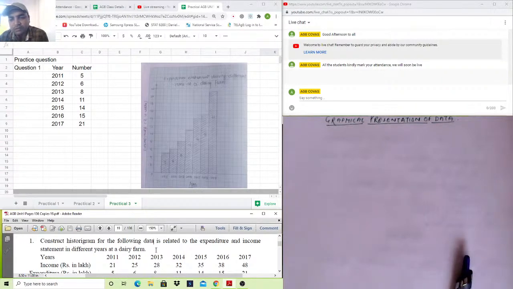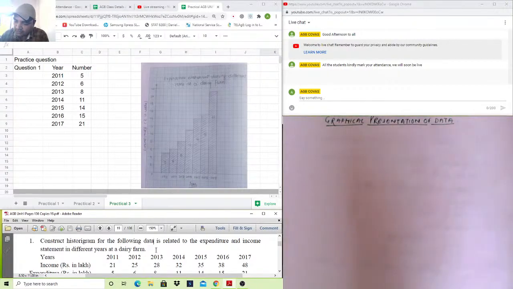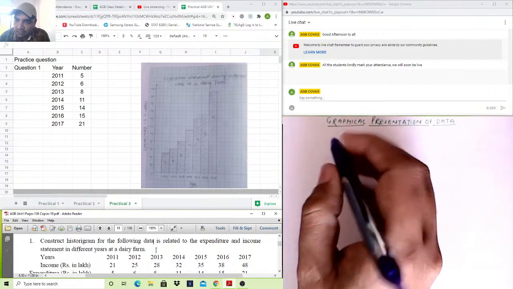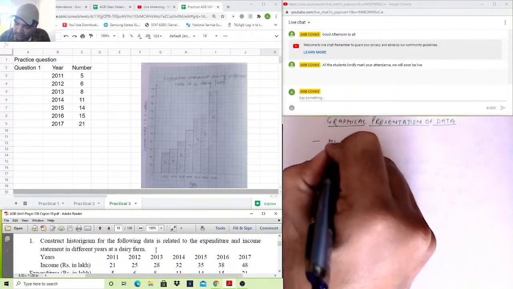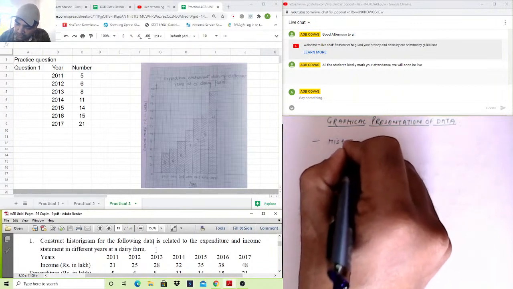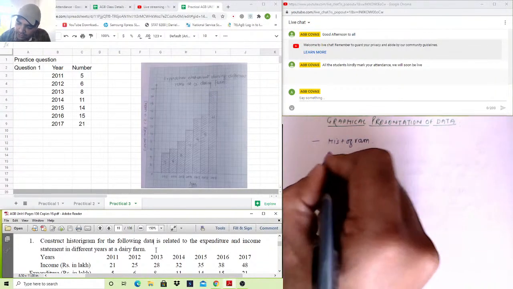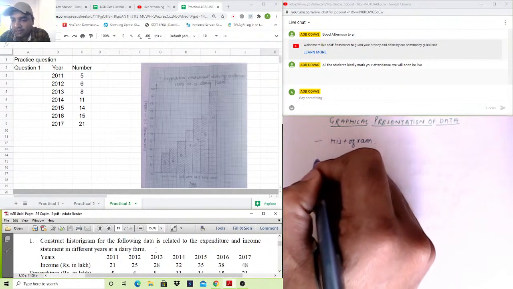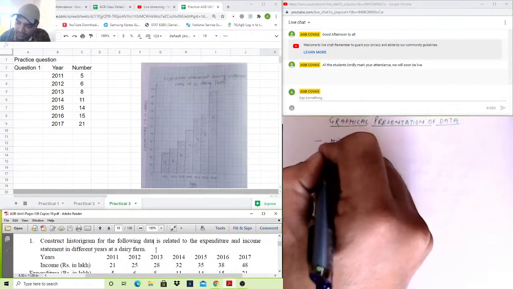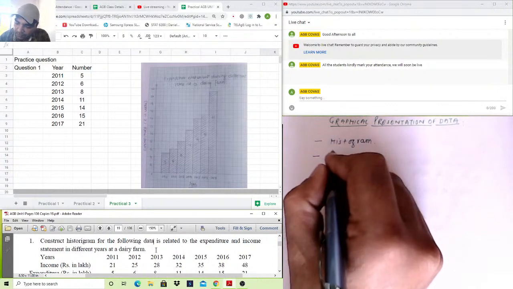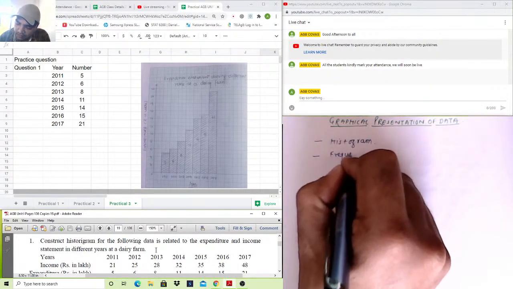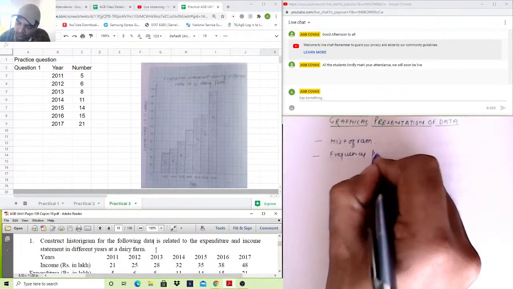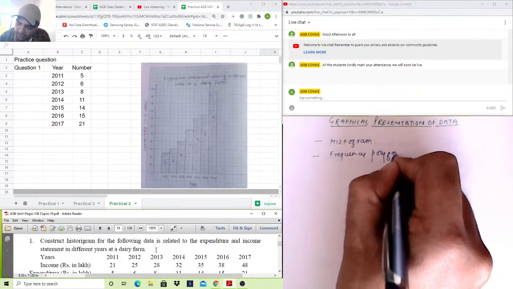So today we will be taking up graphical presentation of data. Today we will be talking about the histogram. The theoretical aspect of these things has already been covered. First is the histogram. Then we will take up the frequency polygon, how to make a frequency polygon.